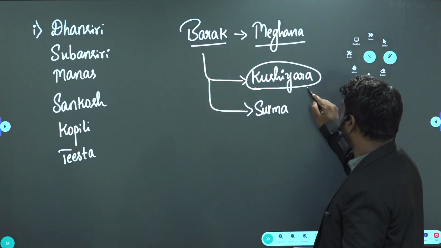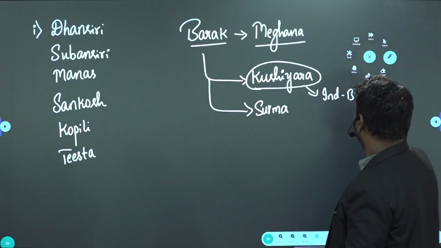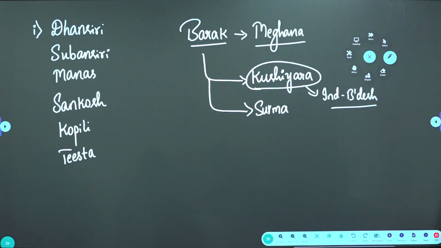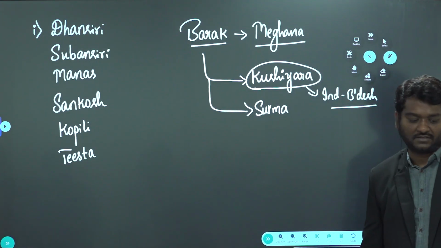On Kushiara River, India and Bangladesh have an agreement. Barak splits into two distributaries, we call it Kushiara, Surma.